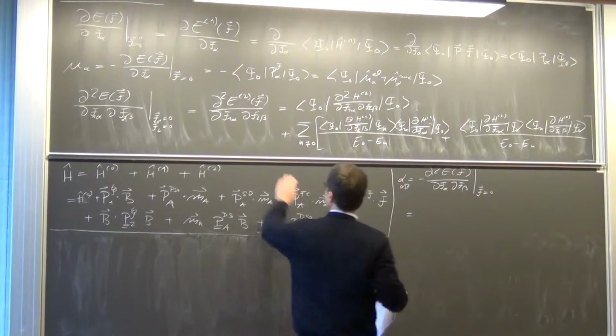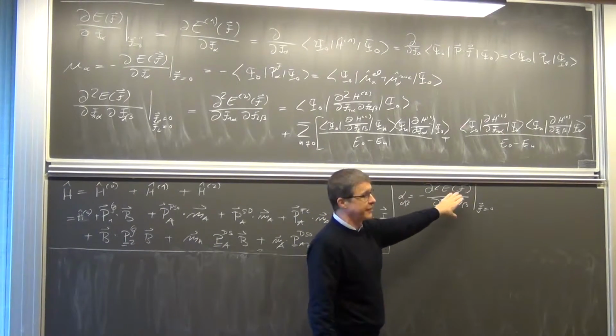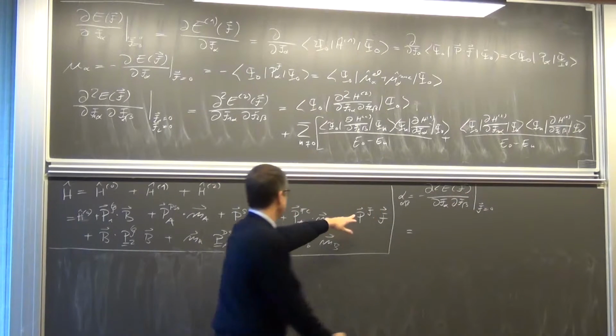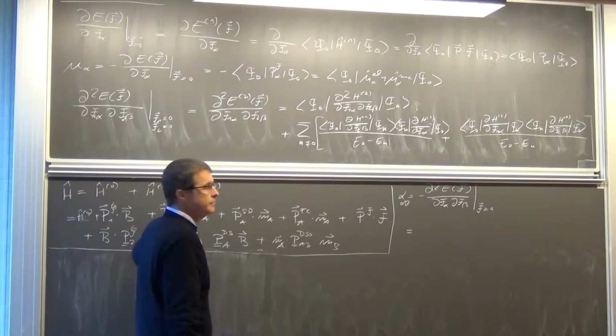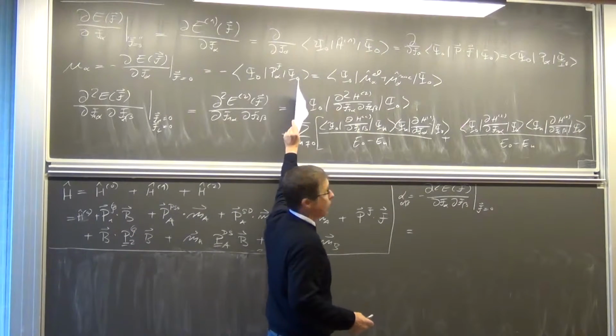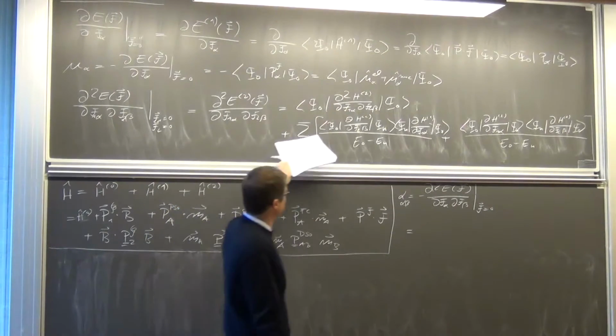So that's precisely an example for this one here, except that this is an electric field, and for the electric field there is no second order Hamiltonian contribution. So this term we don't have at all, because there is no second order Hamiltonian, so we only have this one.